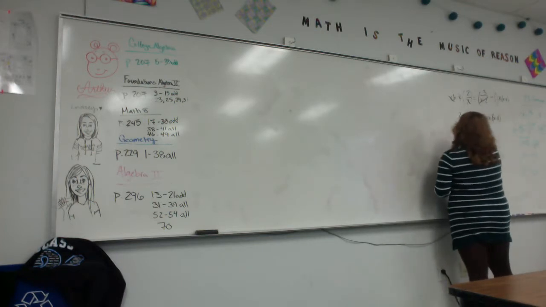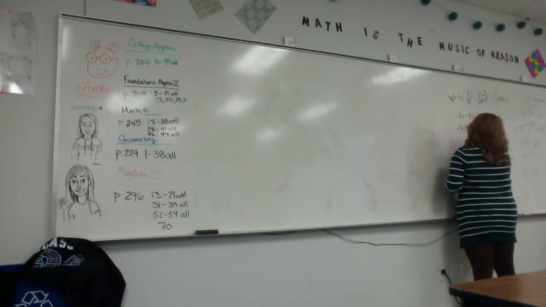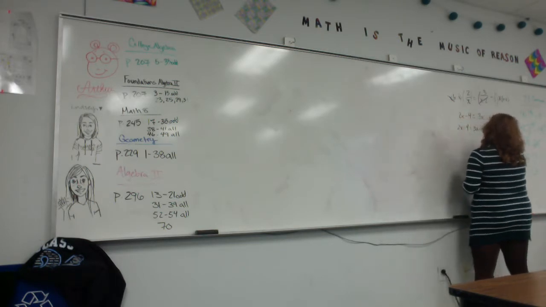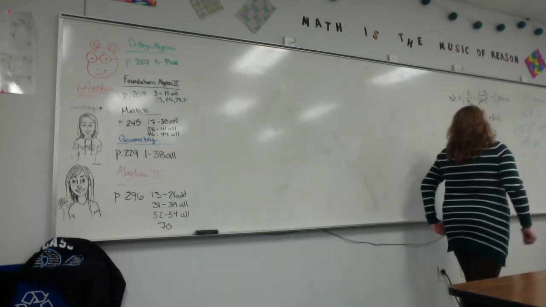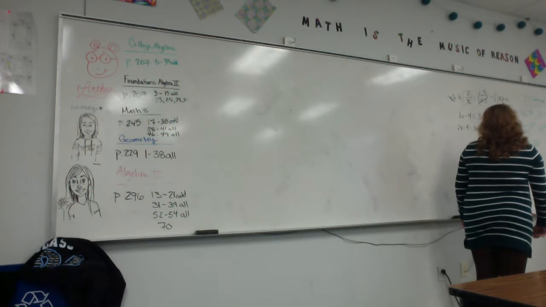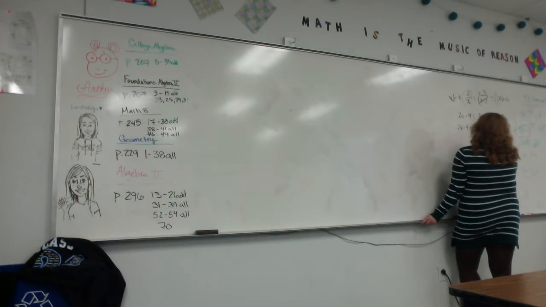So now I have 2x minus 4 equals 3x minus x squared plus 2x. I want to get everything on one side. 3 and 2 is 5, so I'm going to subtract 5x from both sides, and I'm going to add x squared to both sides.